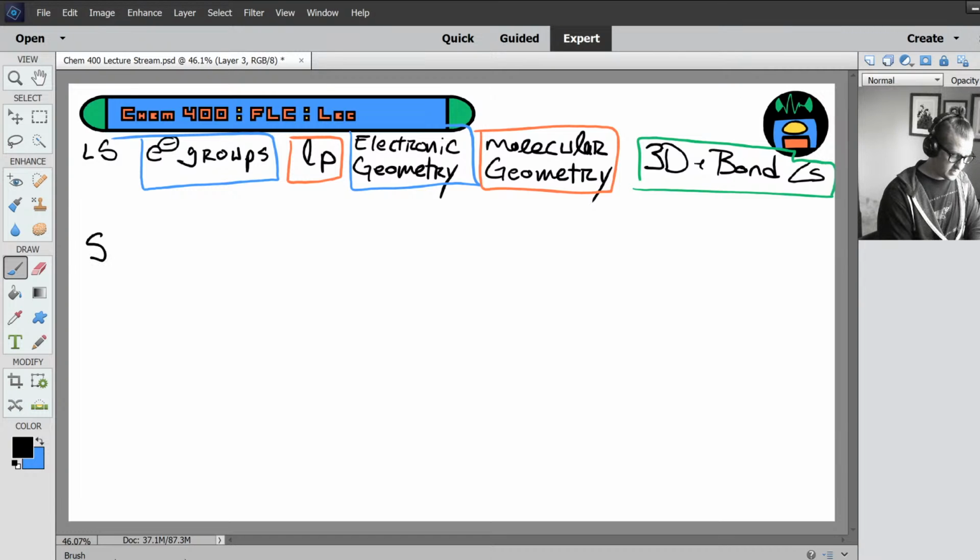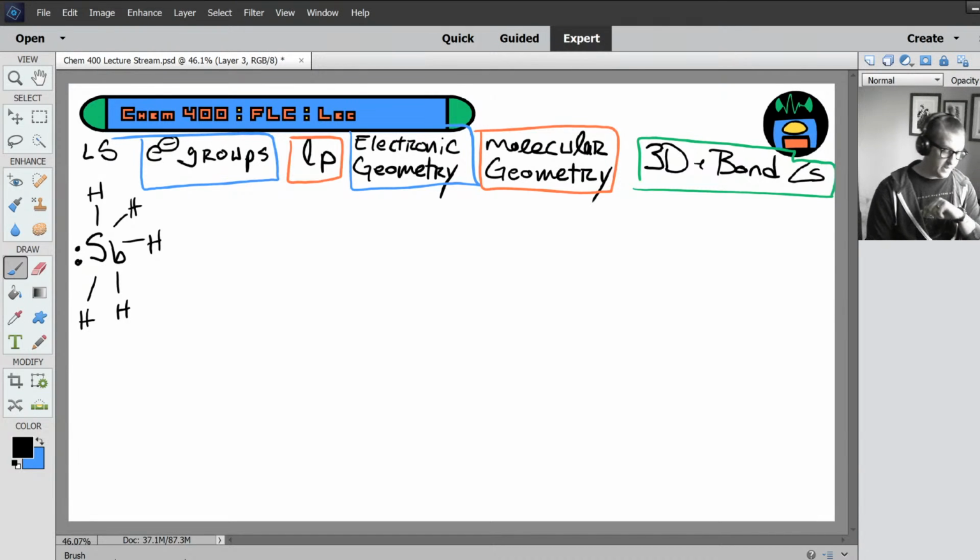That is SbH5, with 1, 2, 3, 4, 5 hydrogens. Here's a Lewis structure. If you draw it, you'll notice it'll also have a lone pair on it.